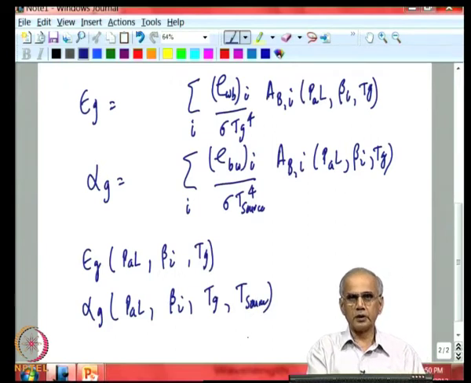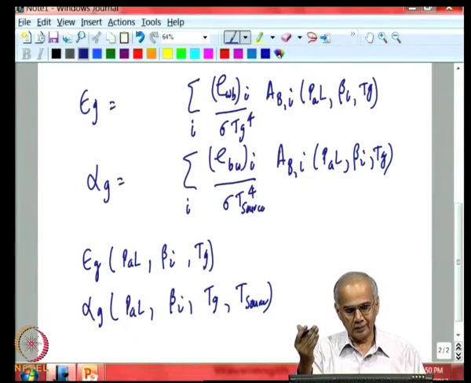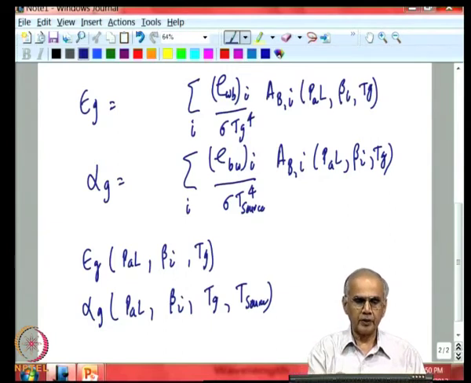So, this is similar to what we discussed in the case of solid surfaces, that the emissivity depends on the surface temperature, while absorptivity depends both on the surface temperature and the temperature of the source from where radiation is coming. The same thing is valid for gases, except in gases there are two additional parameters to define the gas.